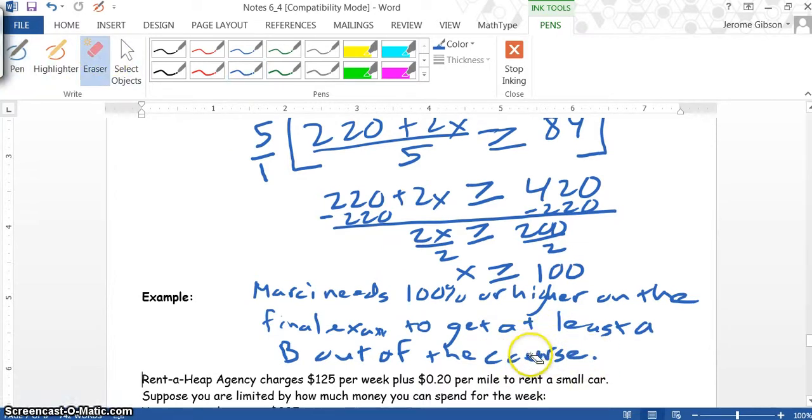Let me rewrite a couple of these letters here. And this is the final answer. Marcy needs 100% or higher on the final exam to get at least a B out of the course.